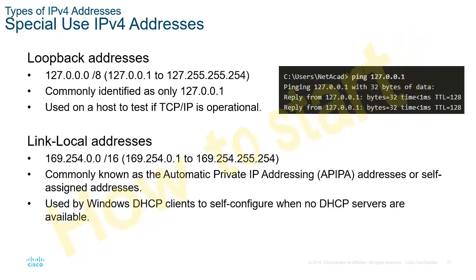If there is no way to obtain an IP address, manual configuration did not take place, and there's no DHCP server that's able to be contacted, what do we do? Well, a link local address will be automatically assigned. They're also known as an APIPA address, automatic private IP addressing. This is also sometimes referred to as a self-assigned address that is automatically given to you after a given time of no address.